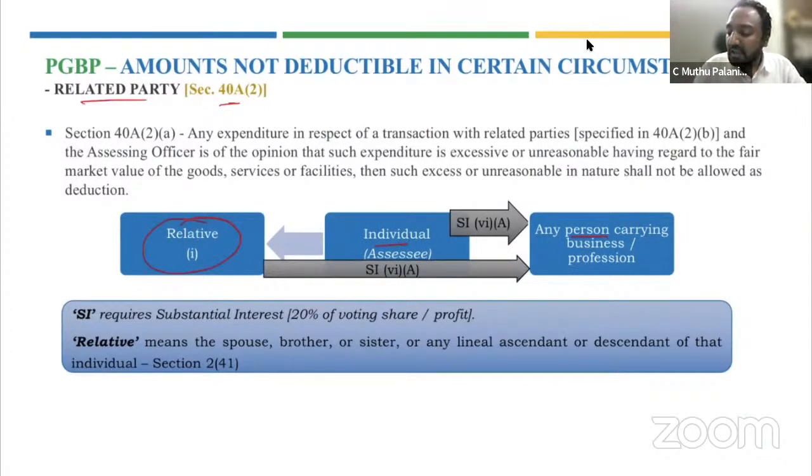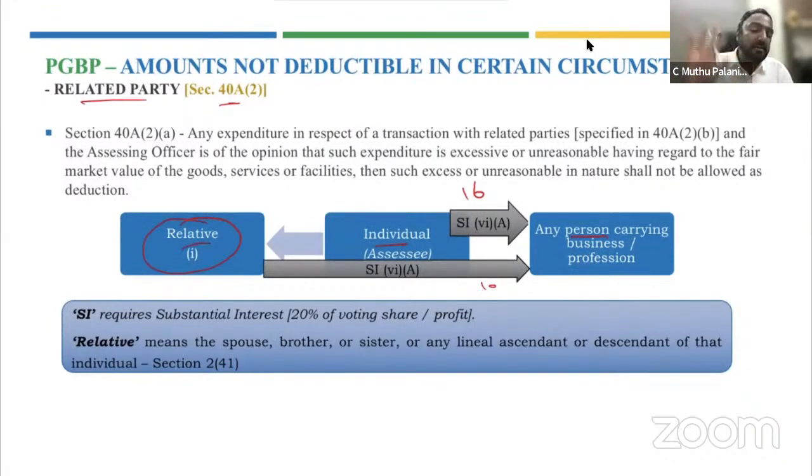Not just the individual alone; if the individual along with a relative owns interest in this particular person's business, for example, the individual owns 16% and the relative owns 10%, together they own 26%, that is also considered a related party. So that is the related party for an individual.